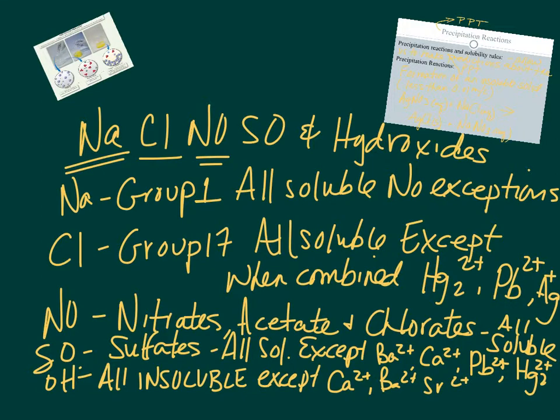So what that means is all my hydroxides are basically insoluble unless it's calcium hydroxide, barium hydroxide, or strontium hydroxide. But then you might say, Miss Nielsen, well, what about sodium hydroxide? Well, sodium falls under the group 1 rule, the NaCl rule, all soluble, no exceptions. See how that works?